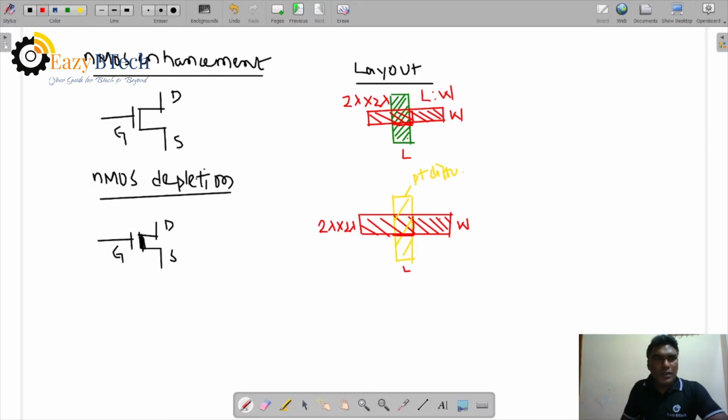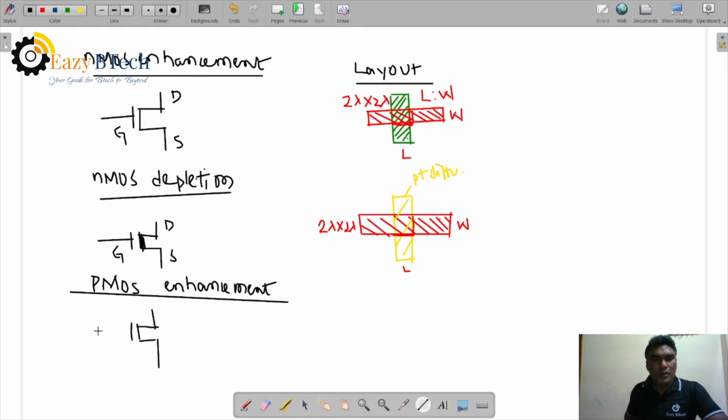Now you can see PMOS enhancement. When we are designing CMOS, PMOS is required. This is the PMOS diagram, with a bubble across the gate terminal, gate, drain, and source.